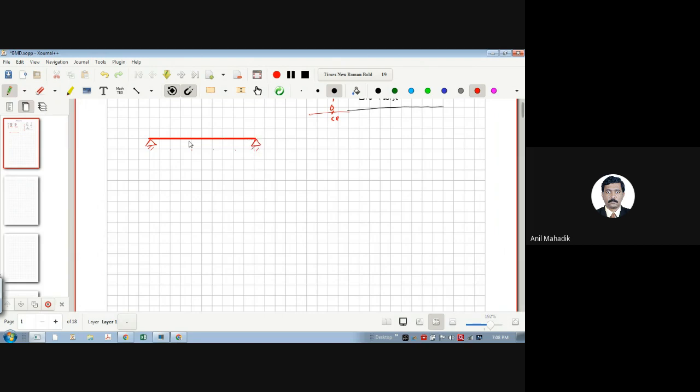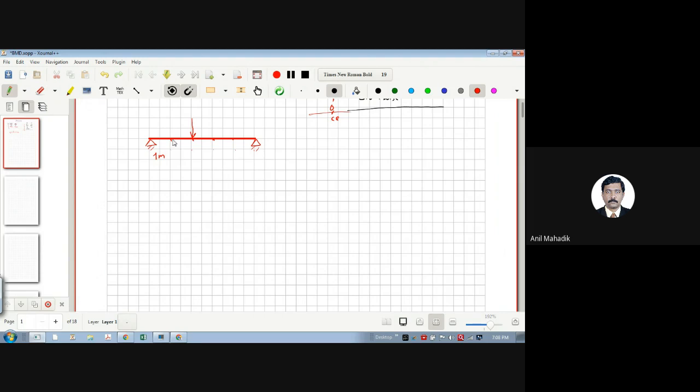And let's say we are having one point load here somewhere. Let me take the dimensions like this. So let me divide this into different parts. Every part is a 1 meter part, we can say.